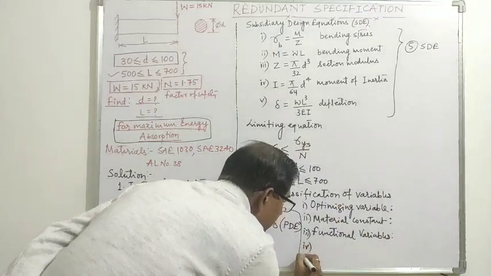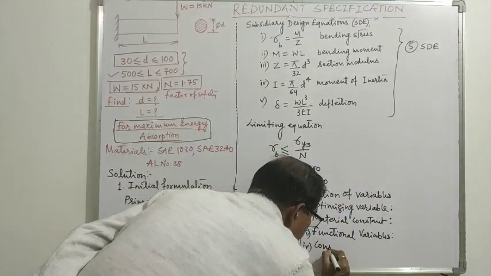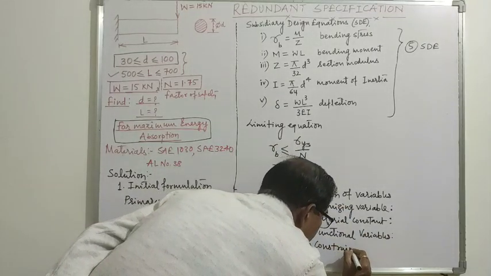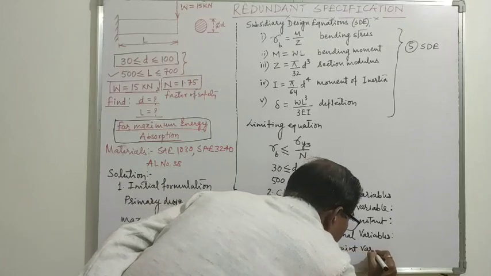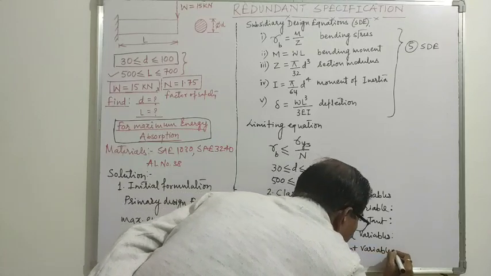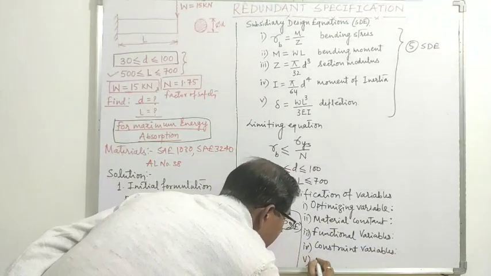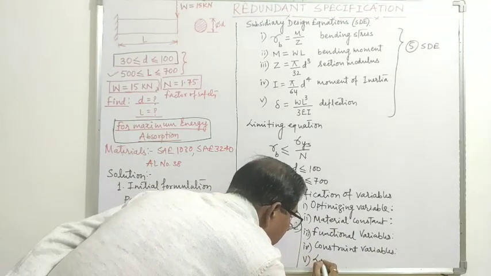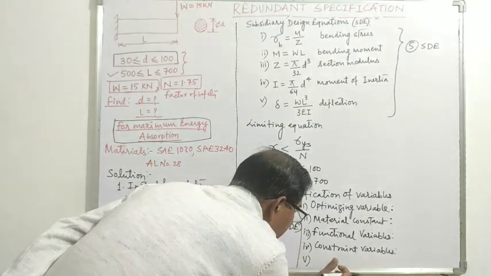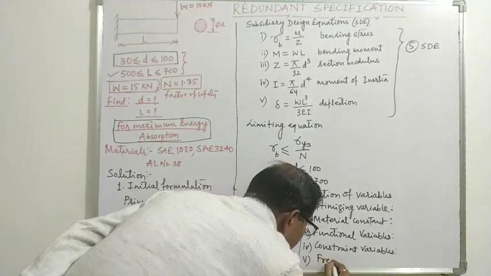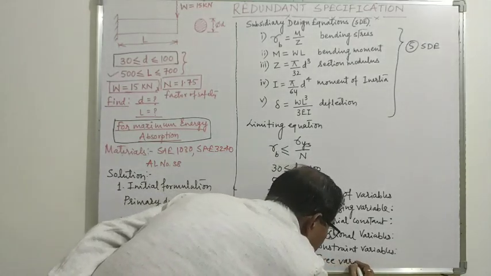Fourth one is constraint variable. And fifth one is limiting free variables.